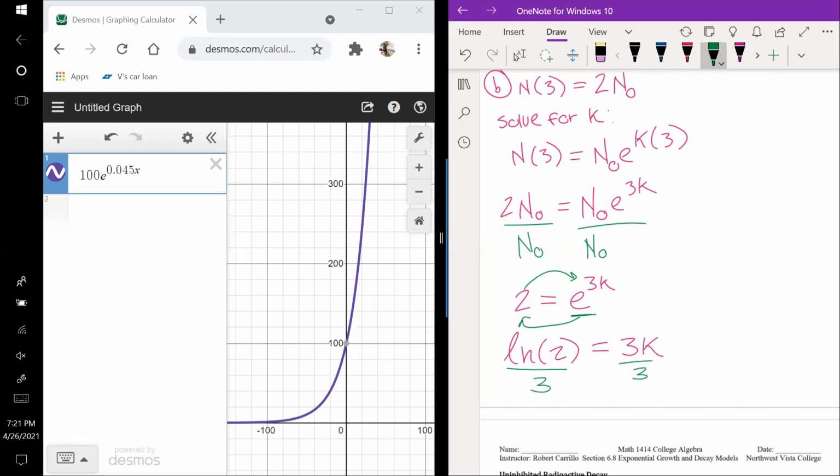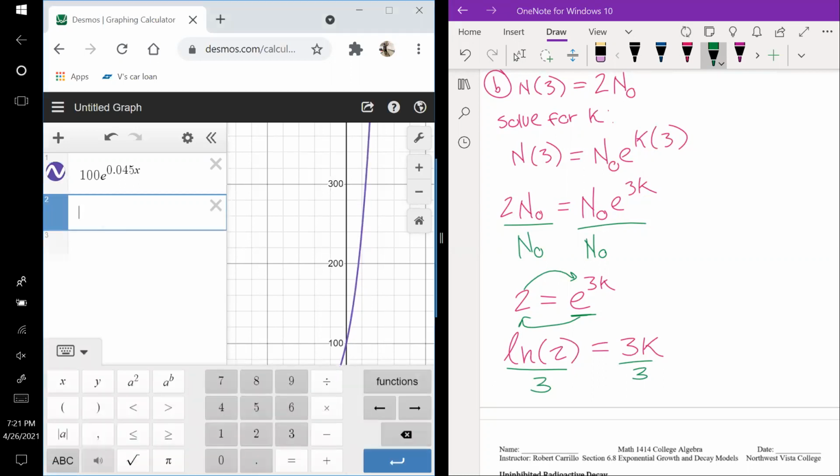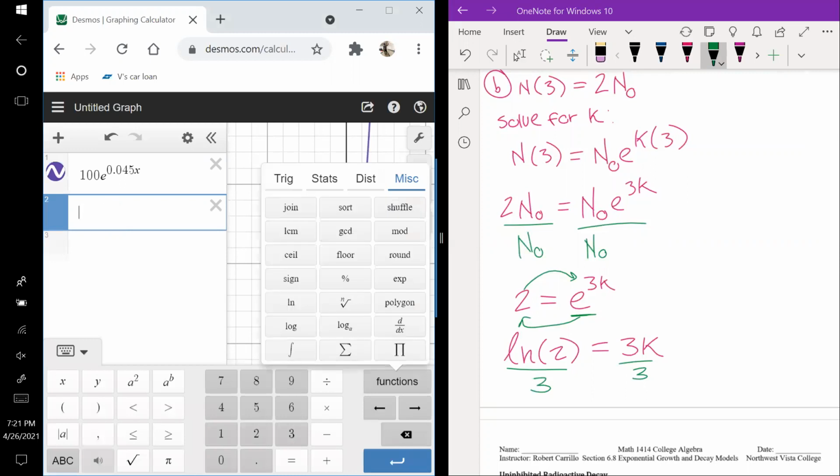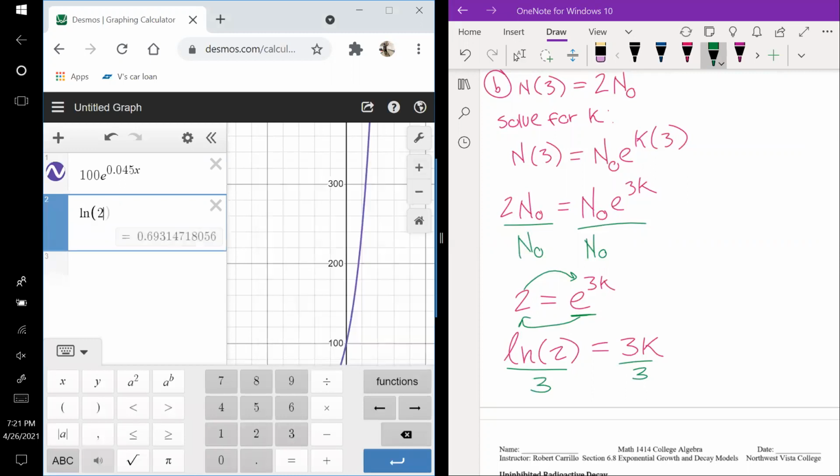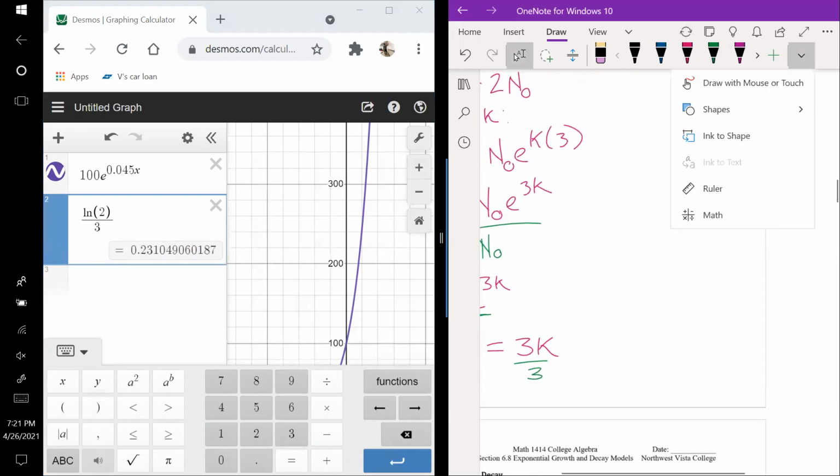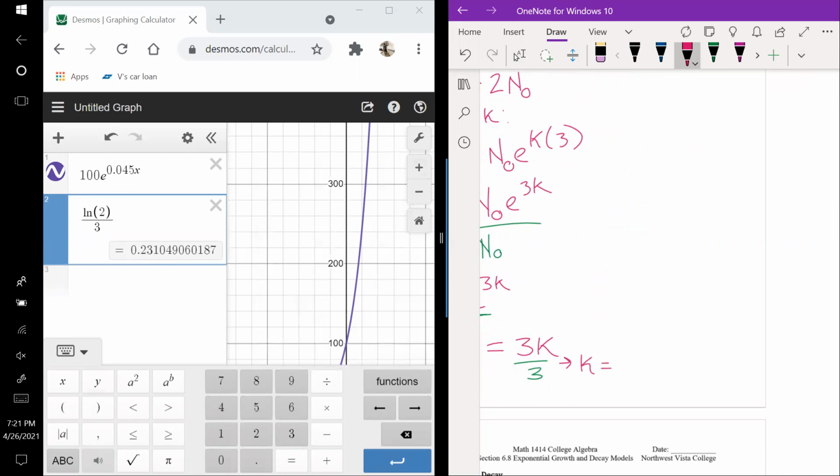And let's see what the value of K is. Natural log of 2 over 3. And we get that K is equal to, and we'll do this at 3 decimal places, 0.231.